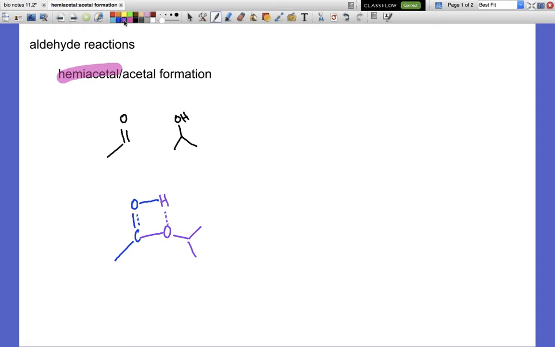So what ends up happening is I've made a product that's going to look kind of like this, right? So I have the oxygen, and then I have a hydrogen attached to that oxygen in my carbonyl group. And then I'm going to have, again, I'm kind of switching colors here so it can be a little bit more obvious for you, this kind of thing going on down here. Now, normally I wouldn't draw that way, right?